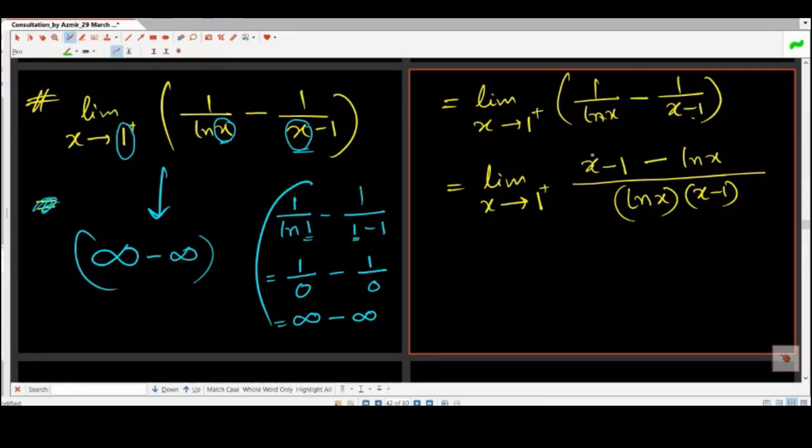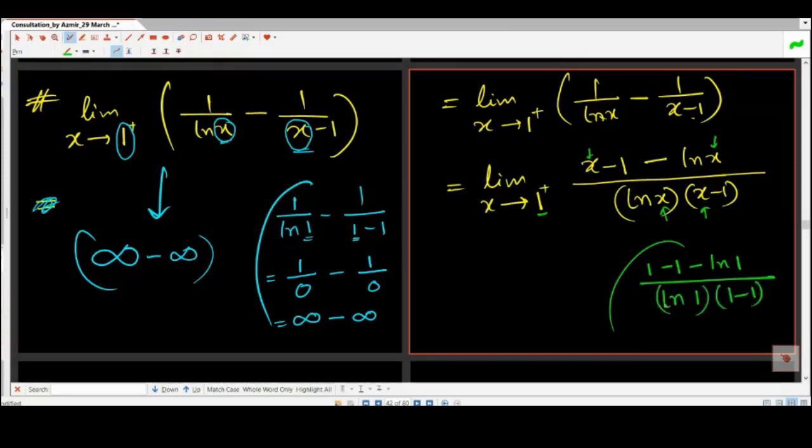So let's check. This is the position of x. Let's do a rough check. We are going to plug in 1: x minus 1 is 1 minus 1, minus natural log of 1, over natural log of 1 times 1 minus 1.